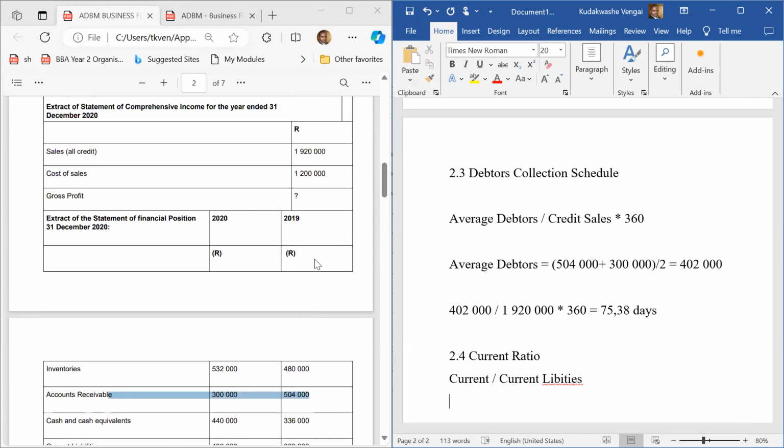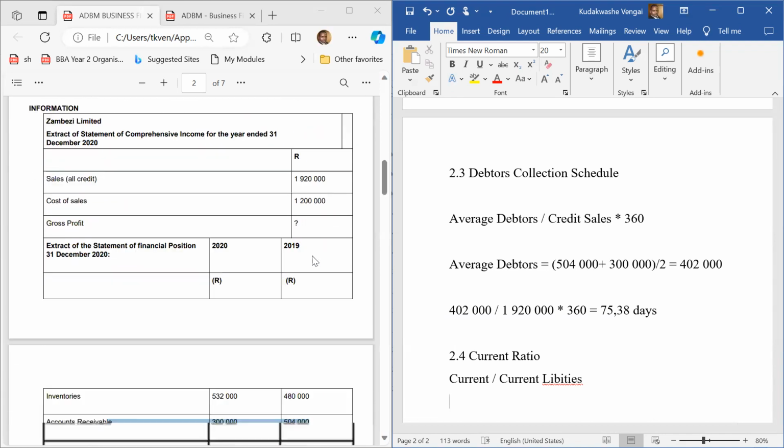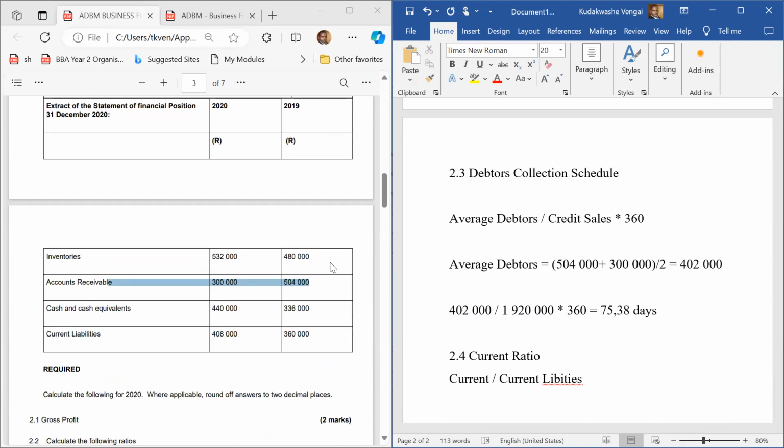So you check what your current assets are. In this particular case, you are not given the exact figure of current assets and current liabilities, which means you need to add. So your current assets are going to be your inventories plus your accounts receivables plus your cash and cash equivalents. All of that you divide by your current liabilities, right?